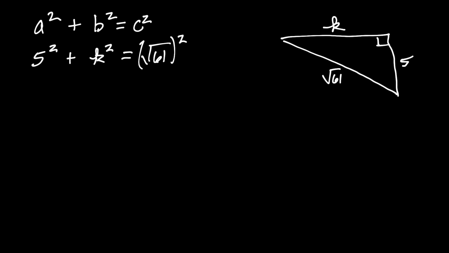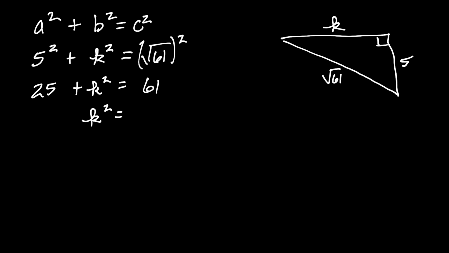So going through and doing some simplification, we get that 25 plus k squared is equal to 61. Because the square root of a number squared, so I'm taking the square root of 61 and squaring it, equals the number. So going back, I have k squared.